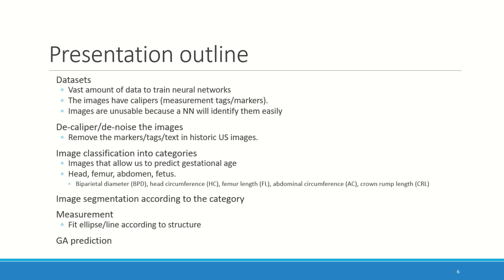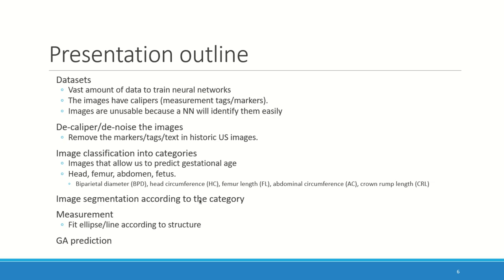So first I'm going to talk about the caliper, so a technique to remove these calipers, remove tags or text from the images. Then I'm going to talk about what classification approach we use to categorize these images into our different classes, so head, femur, abdomen, or fetus, or crown rump length. These images will allow us to predict gestational age.